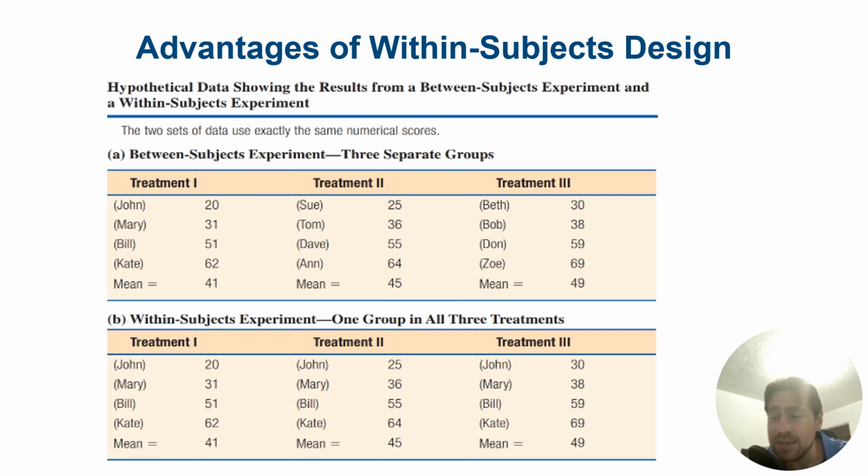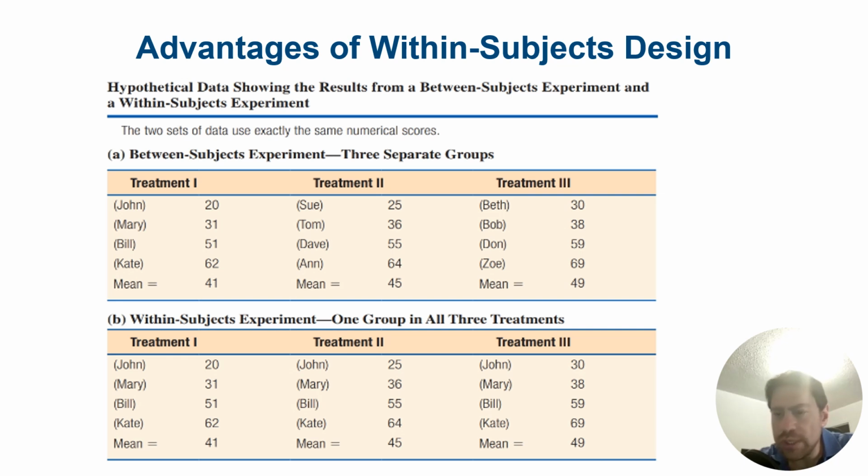It could be the case that people in treatment 3, Beth, Bob, Don, and Zoe, just happen to be better problem solvers than the other people. And their superior performance is unrelated to whatever it is that you're manipulating, calming music, whatever is happening in treatment 3. But of course, in the within subject version, we can rule that possibility out because it's all the same people in all 3 treatments, so that concern has been eliminated.